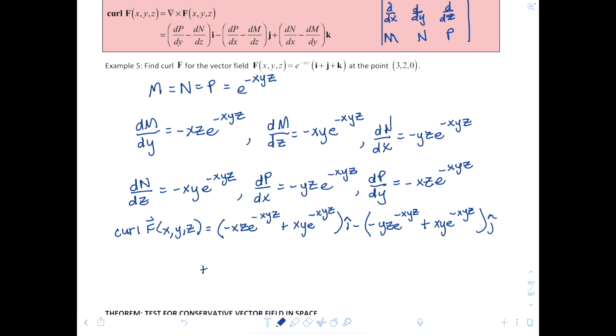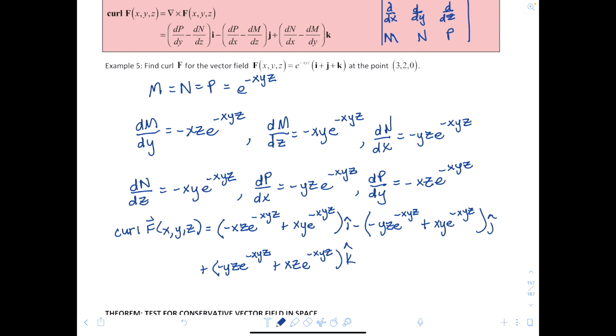And then plus dN/dx will be negative yz e to the negative xyz, plus, because remember there's a minus in the formula and they all have negative coefficients, so dM/dy will have xz e to the negative xyz, and that's all times k.